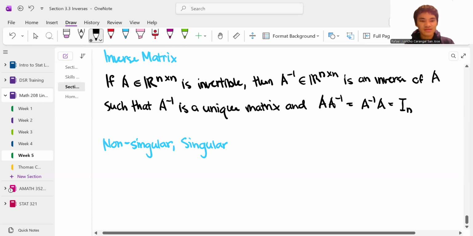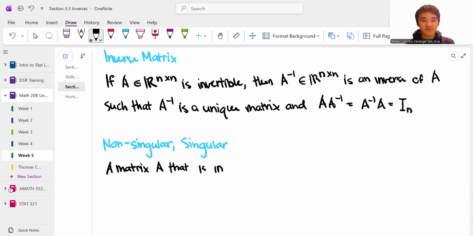We say that a matrix A that is invertible is non-singular.